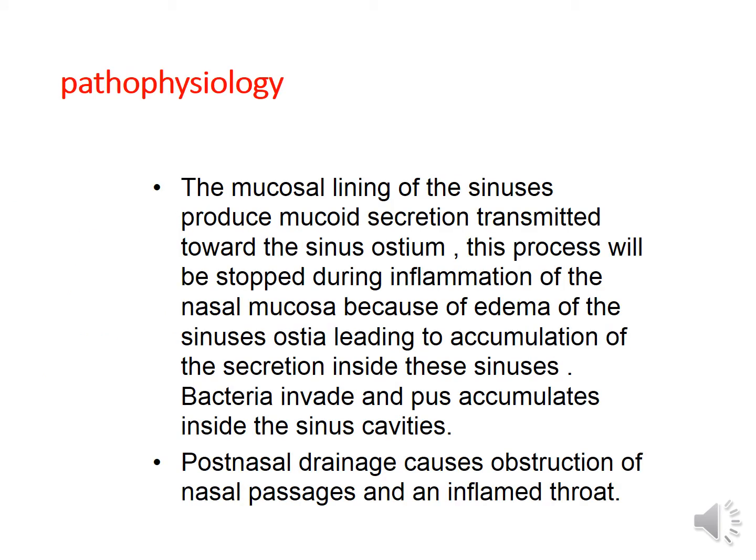Pathophysiology of sinusitis: the mucosal lining of the sinuses produces mucus secretion transmitted toward the sinus ostia. This process is stopped during inflammation of the nasal mucosa because of edema, leading to edema of the ostia themselves and preventing secretion from getting out of the sinuses.